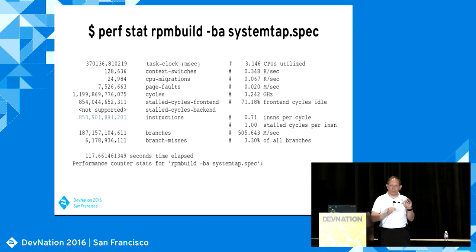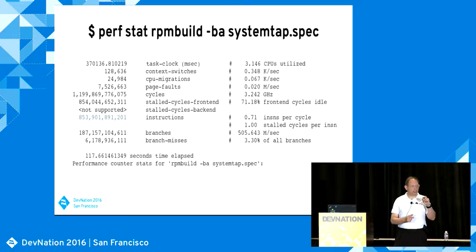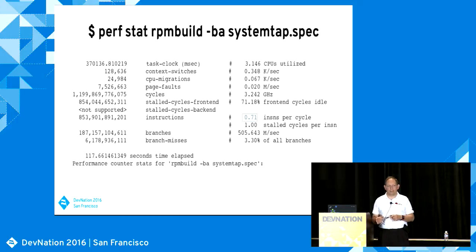So using those two numbers of cycles and instructions, we can come up with a third number, which is the average number of instructions per clock cycle, okay? In this case, it's saying that on average, we're executing 0.7 instructions per cycle. Depending on what kind of processor it is, that may be a good or bad number, okay? In this particular case, this processor in theory can do 4 instructions in a single cycle.